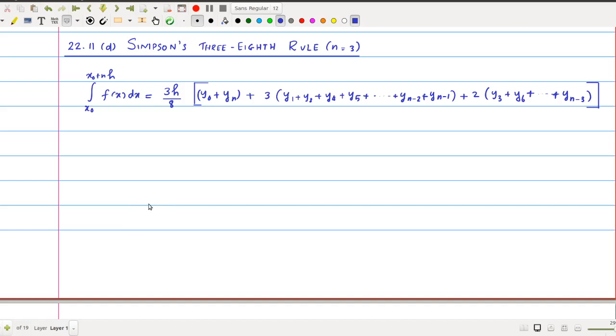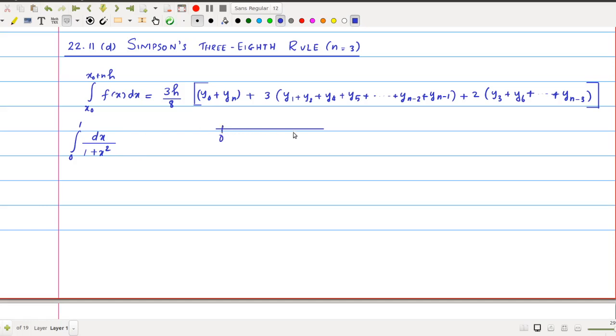In order to use Simpson's 3/8 rule, we need to split that interval. In the previous case the problem was the integral from 0 to 1 of dx by 1 plus x square, and we chose h equal to 1 by 4 in the case of Simpson's 1/3 rule.